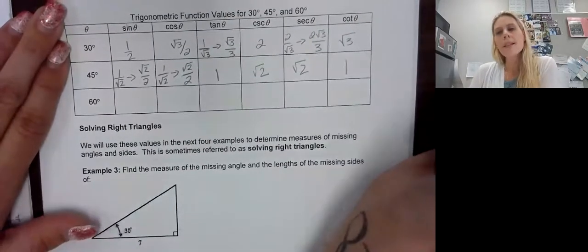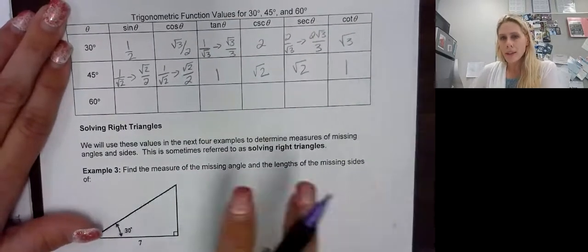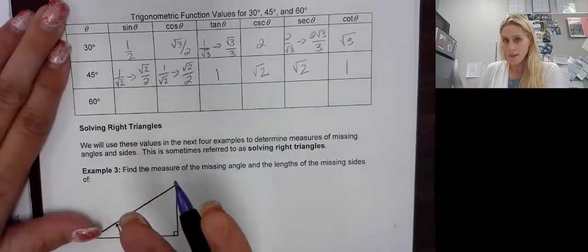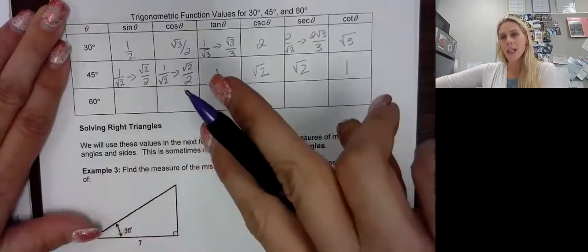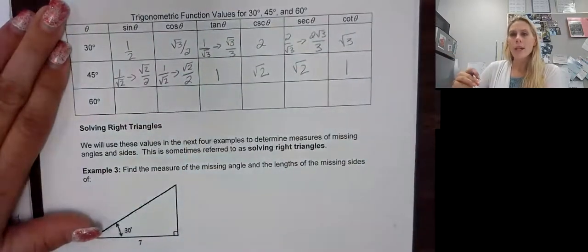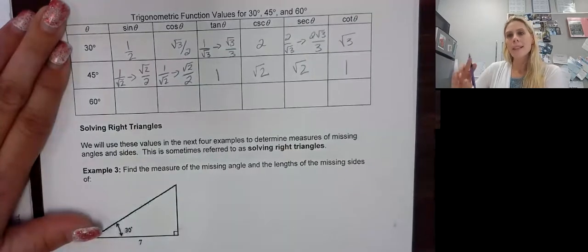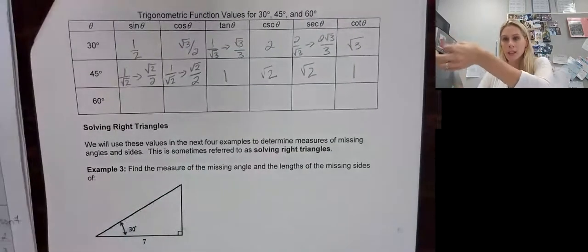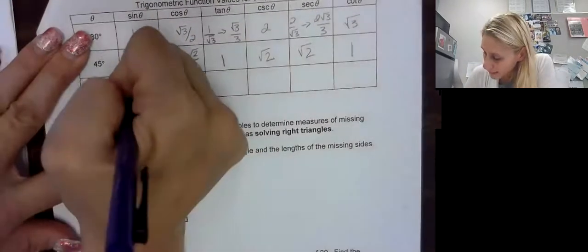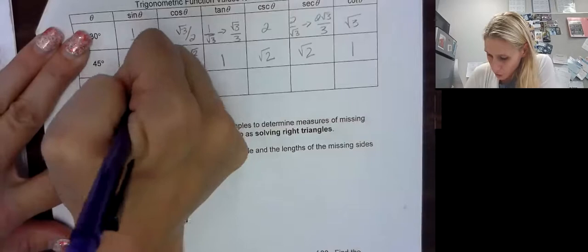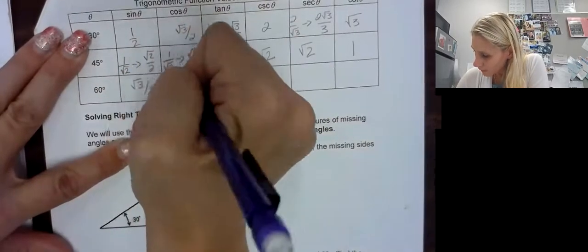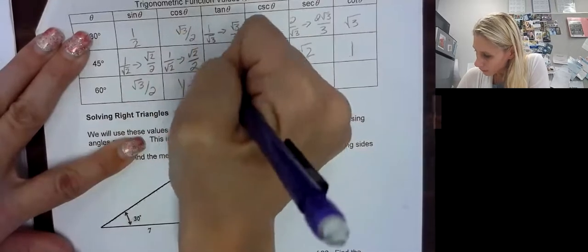60. If you did this on your own, you would find that your cosine and your sine switch, and your tangent flips as like a reciprocal, because now instead of it being opposite and adjacent, those sides are switched. So does the numerator and denominator. So 60, sine of 60 is the square root of 3 over 2. Cosine is 1/2. Tangent is square root of 3.